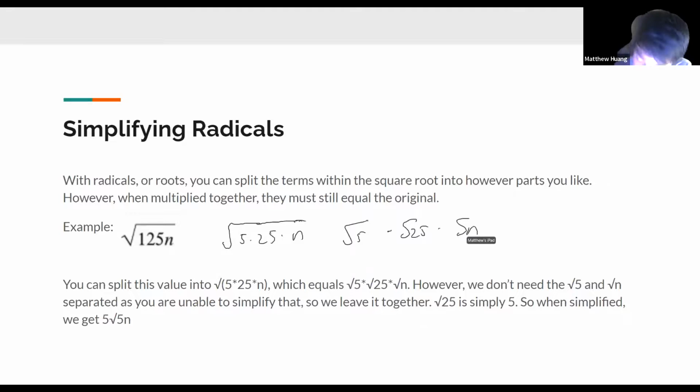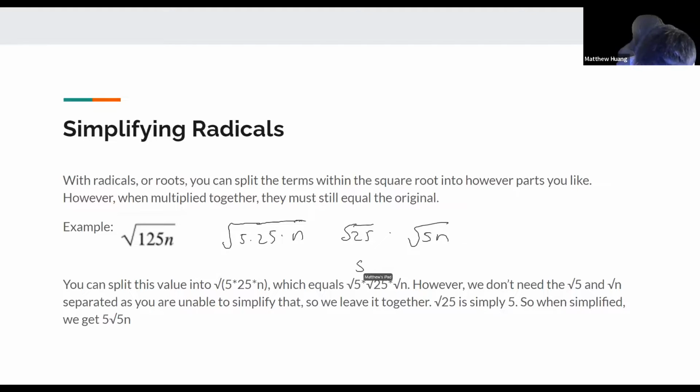You can always do that, but you don't need to. For example, in this case, splitting our 5 and n is not necessary because we can't really do anything with it. The only thing we can really factor out is the root 25 because we know root 25 is just 5. So this turns into root 25 times root 5n.